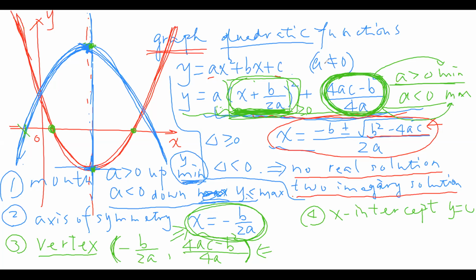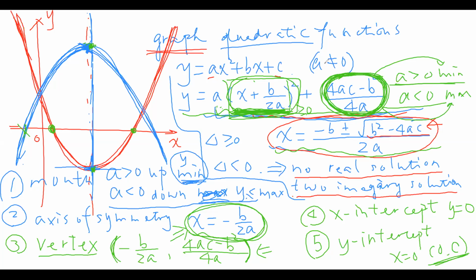So this parabola equation transforms into a quadratic equation, and x equals the result of the quadratic formula, or maybe there is no solution if the discriminant is less than 0. And number 5, y-intercept, means x equals 0. So we can find the point where y equals c. This one is very simple.